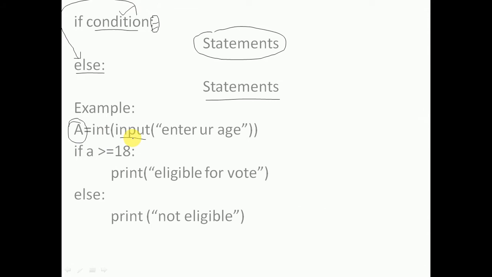In the input function it is written, enter your age. Type some numerical value, as your age is in number form, so it is in integer or numerical format. But the input function returns the value only in string format.